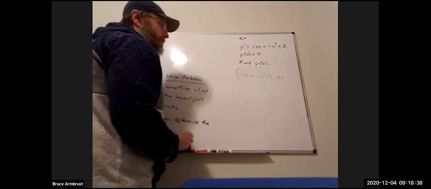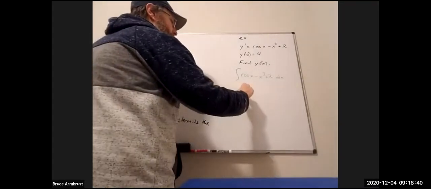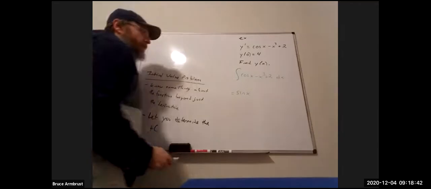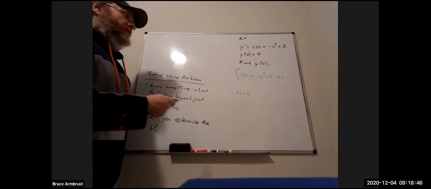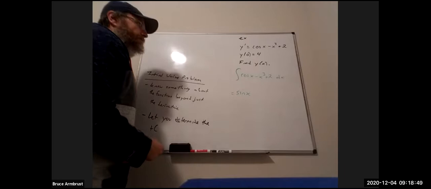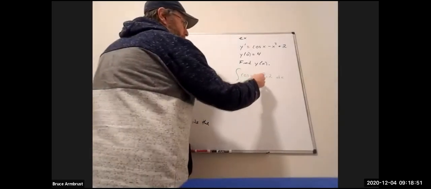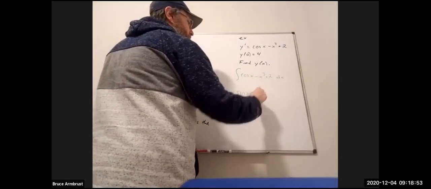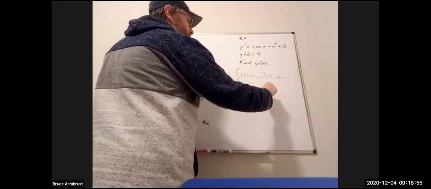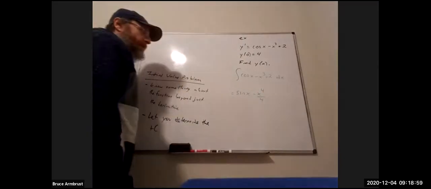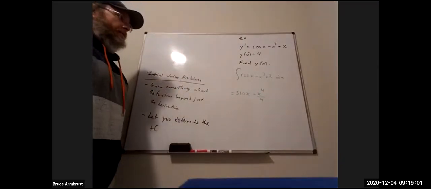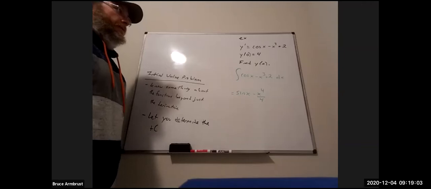So the antiderivative of cosine is sine, because sine is the function whose derivative is cosine. Minus x cubed, well, that's power rule. We're going to add 1 to the exponent, and then divide by that amount. We're going to get minus x to the 4th over 4.